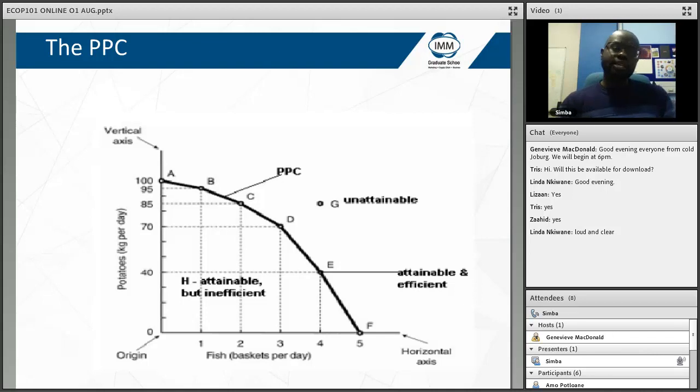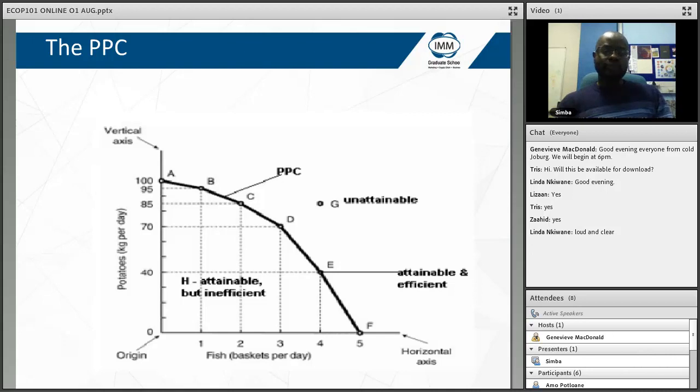If you look at the slide, any point that is on the PPC, we say that point is attainable and efficient. What we mean is using the resources that the society has at that particular point in time. A society can either produce at point A, B, C, E, or F. But points A and F are extreme points.